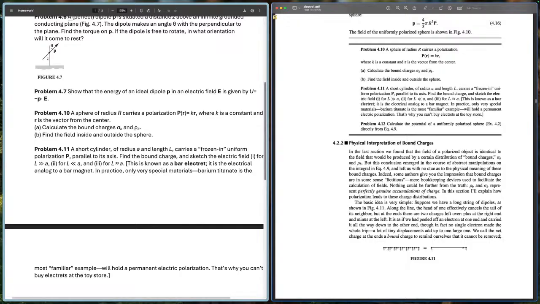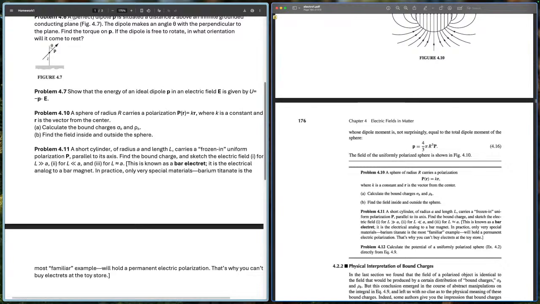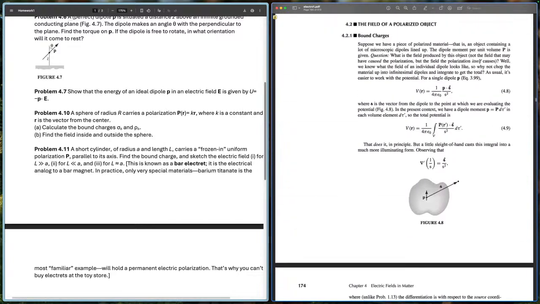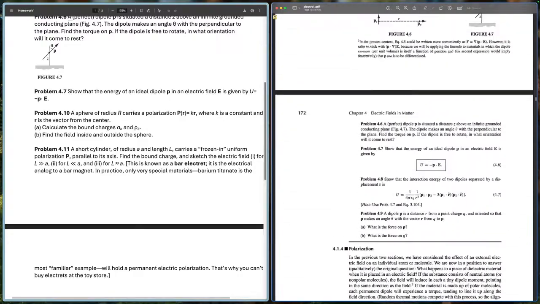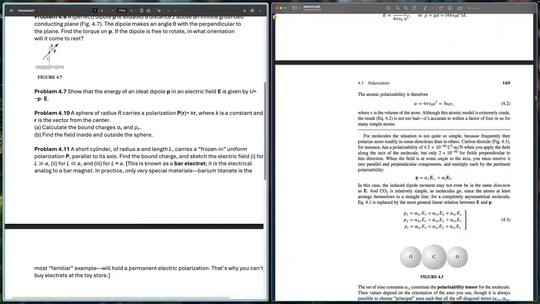Find the bound charge and sketch the electric field given different parameters. Okay, so this is just a calculation problem similar to the one above. And so overall, I would say most of the problems in this homework are applying formulas from what we already have.